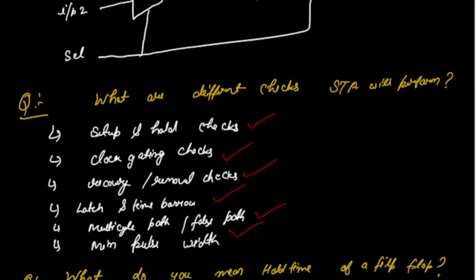So these are the basic checks that we perform while performing STA. This kind of question is asked in Synopsys interview questions for the STA profile. What kind of checks do you perform in STA? This you have to answer.